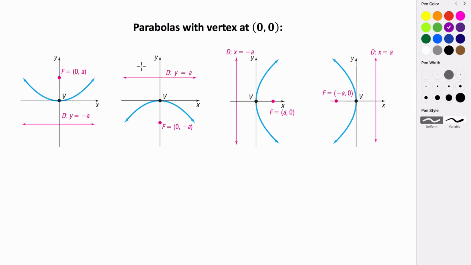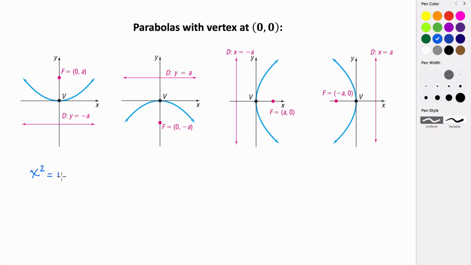So what do the equations of these different forms look like? If you have a parabola with its vertex at the origin and its focus is above the vertex, we know that this opens up, so it's going to be a parabola in the form of x squared equals 4a times y. So it's an x squared variety, but it's not just equal to y.